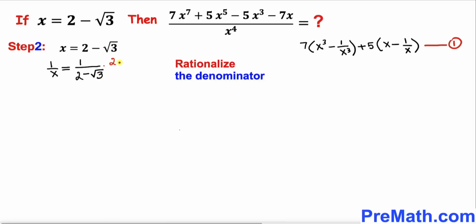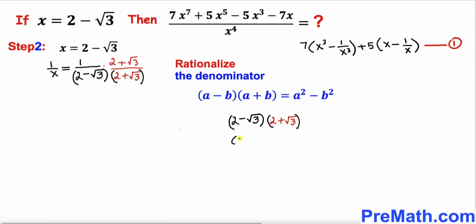The conjugate is going to be 2 plus square root of 3, divided by 2 plus square root of 3 as well. Now let's multiply these two factors in the denominator. Now let's recall this well-known identity, a squared minus b squared. We are going to apply it in the denominator.